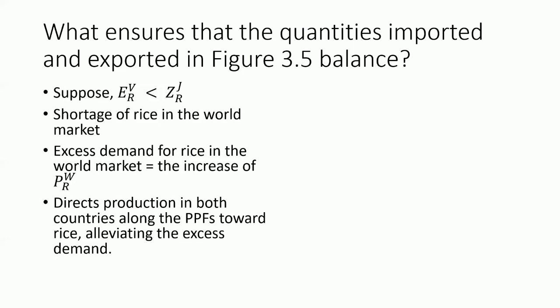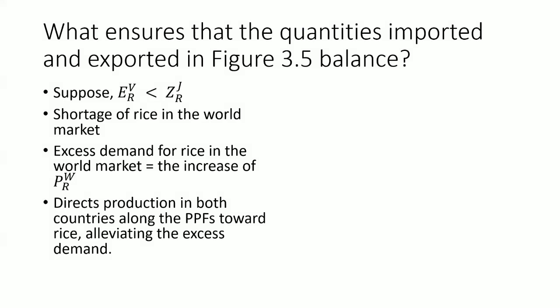If we're talking about the opposite, where the import is much less than the export, then we have an excess of production and a shortage of demand. And the price of rice will decrease because there is so much rice being sold.